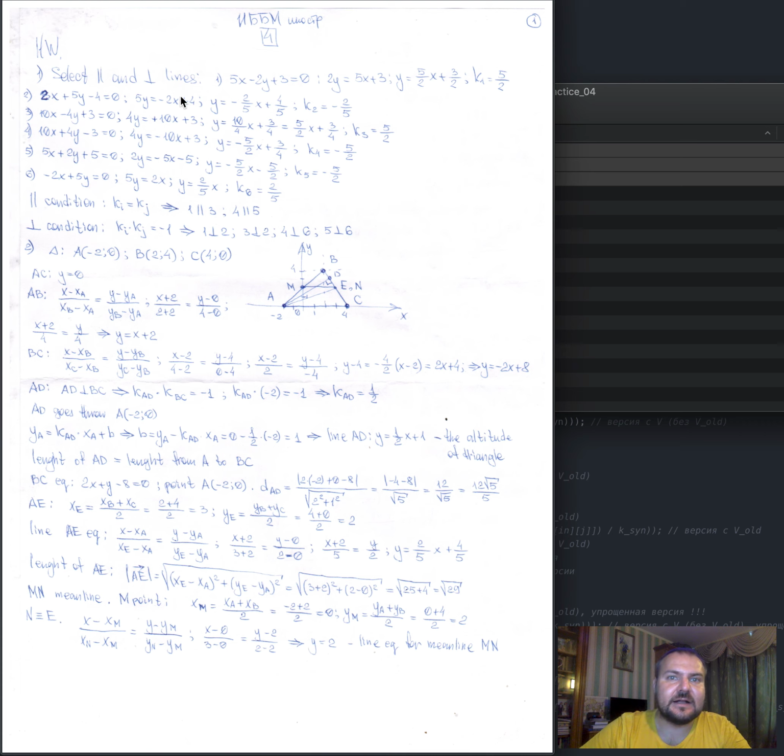Here we have six equations of the lines. 5x minus 2y plus 3 equals 0. We write it in normal form and find the k slope value, 5 by 2, for the first line. For the second line, minus 2 by 5.